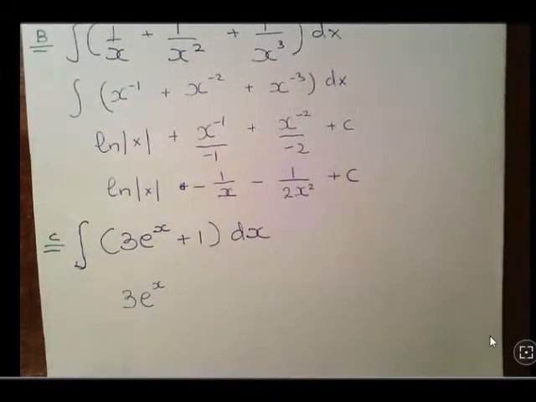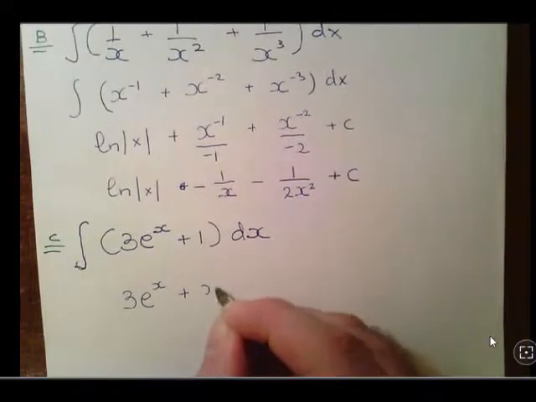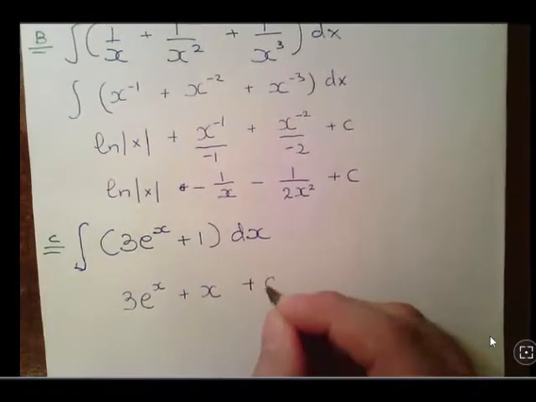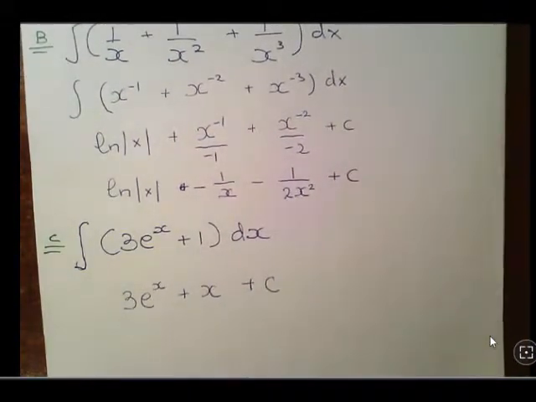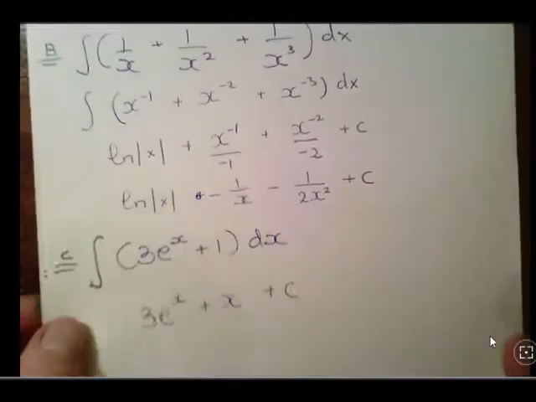That's that part of the answer. And then the plus 1 is actually plus x. And again, the constant of integration, plus c. So move on to the next ones.